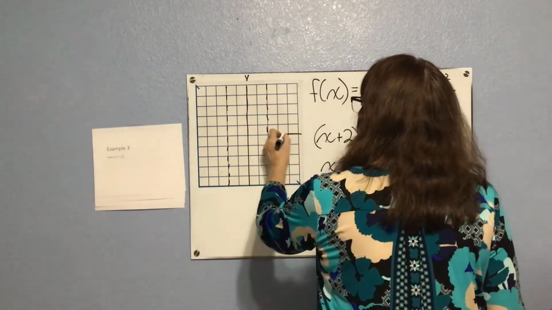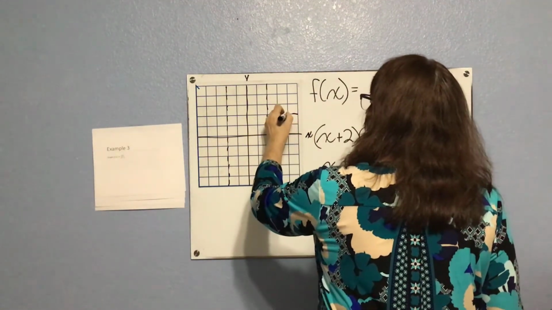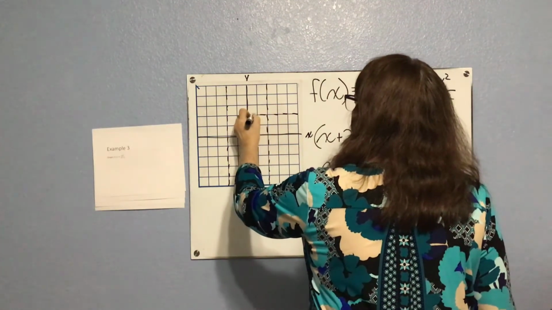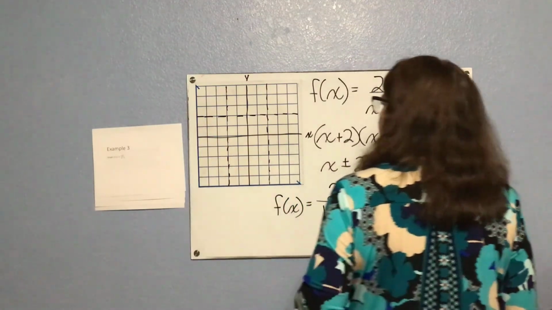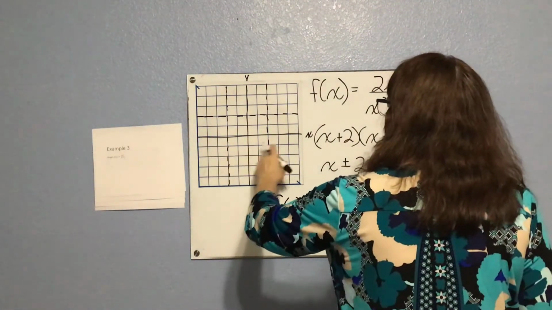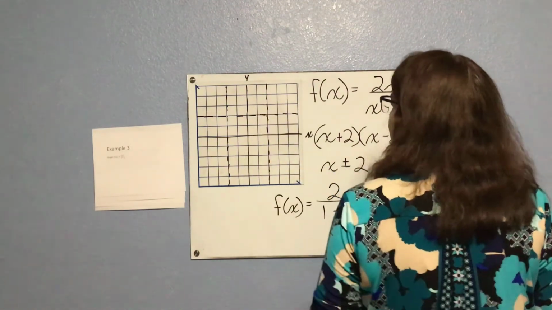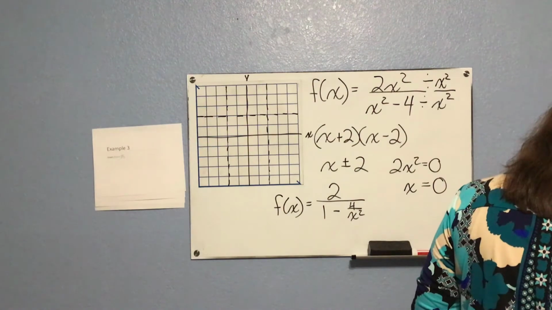So if I make the x-axis here, then the horizontal asymptote is right up here. So now I have 6 regions with my 3 asymptotes, and I need to plot points.